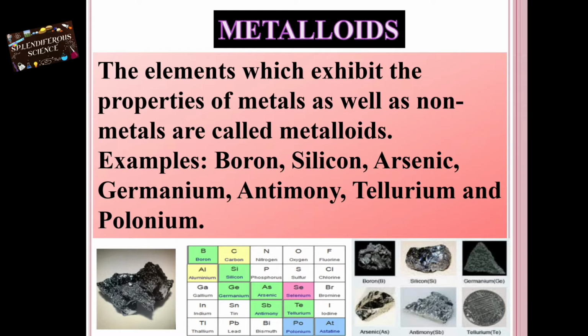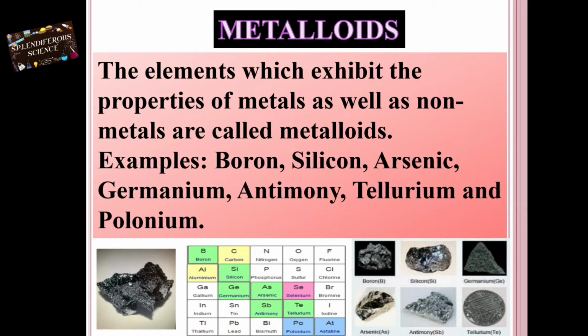The following elements are considered to be metalloids: boron, silicon, arsenic, germanium, antimony, tellurium, and polonium. These 7 elements are classified as metalloids in the periodic table, from the 13th to the 16th group.